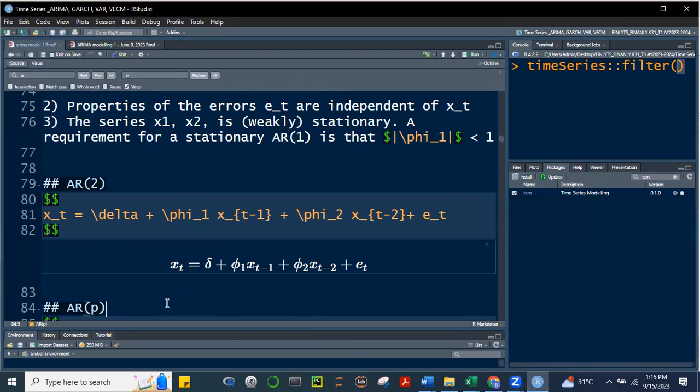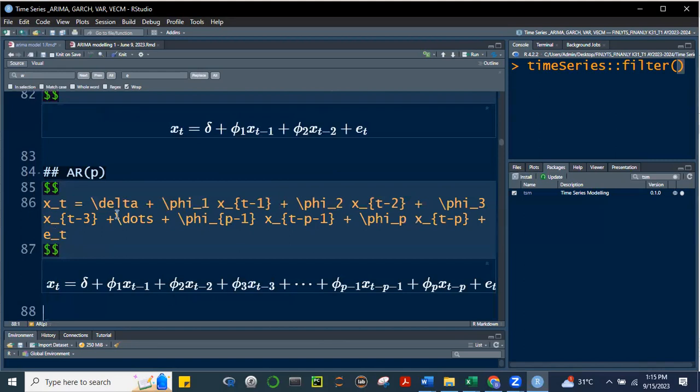All right, so this is your AR2. Generally, your ARP process, the P stands for the lag. So you can denote generally an AR process of lag P as this constant, and then we have phi1 times the lag of 1, plus, and then here is P minus 1, phi sub P minus 1 times the lag, that's T minus P minus 1, and then T minus P. This is phi sub P, and then a certain error term.